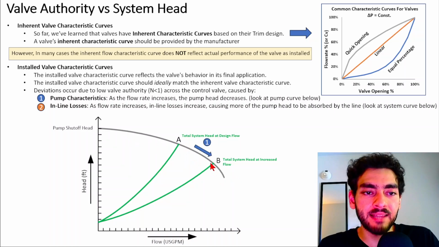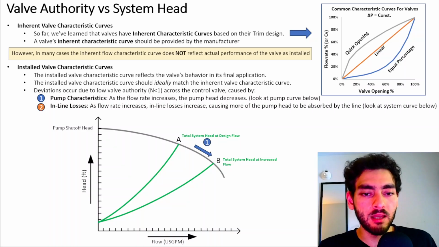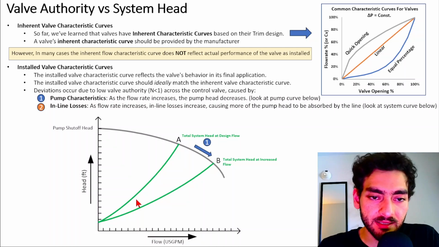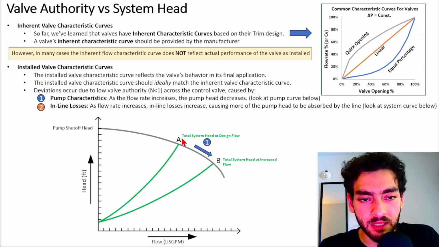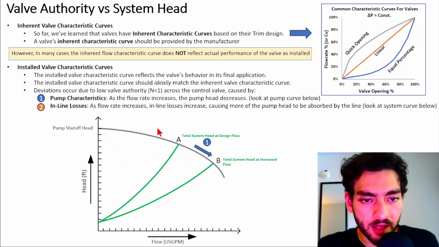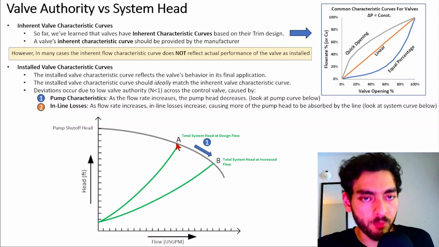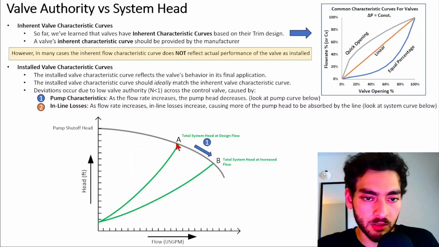And this means that the total pressure the pump can provide would actually be a lot less at increased flow rates. So if you look at an example, let's say you are at point A, which means that you have a piping system and you have a control valve, and let's say the control valve is at 50% opening for the sake of this conversation, and you happen to be operating at this particular flow rate and at this particular pressure drop across the entire piping system, including the control valve.